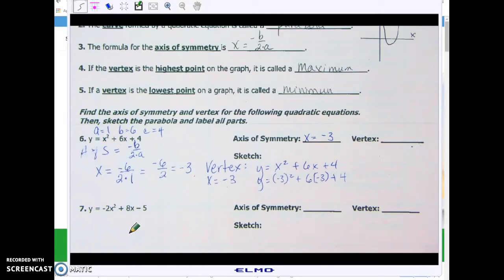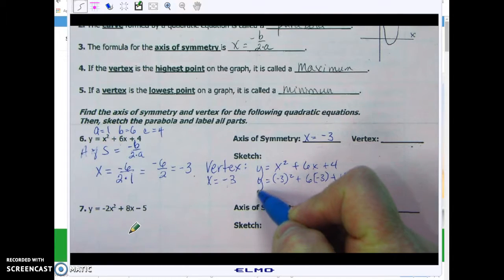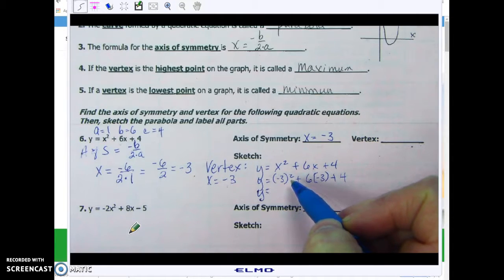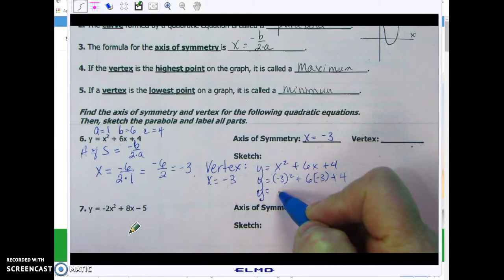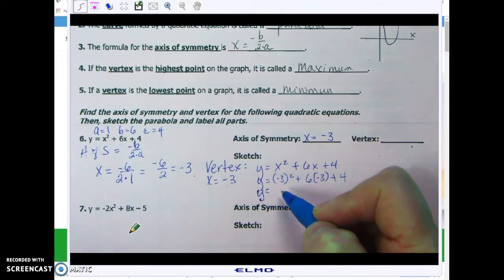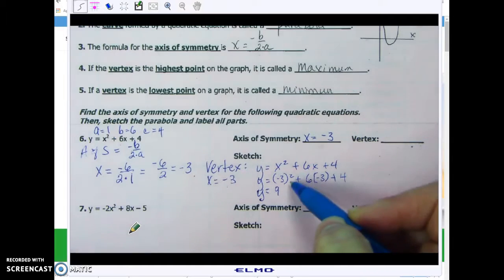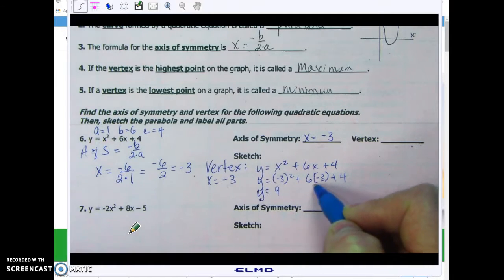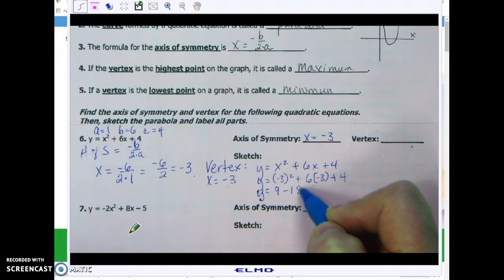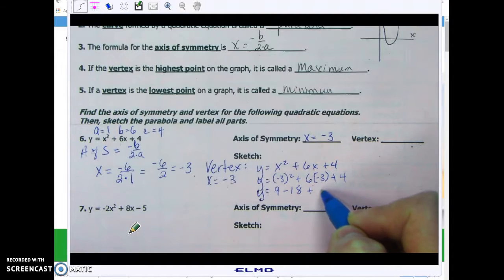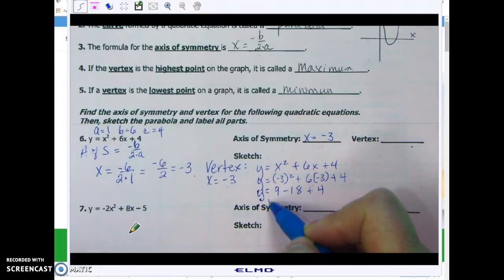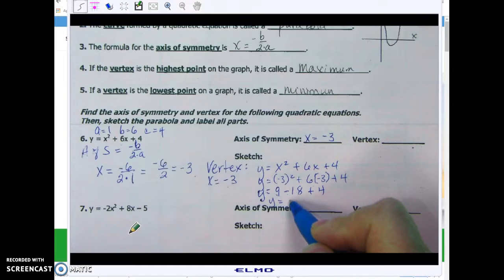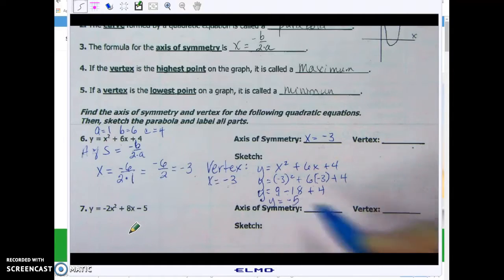What is negative 3 times negative 3? Negative times a negative is a positive, and 3 times 3 is, you guys are scaring me, 9. So when you're squaring a negative number, it's going to be positive, because it's the negative times the negative. And what is 6 times negative 3? Minus 18 plus 4. Okay, now I'm going to combine all those numbers. That's going to give me negative 9 plus 4. Y equals negative 5.